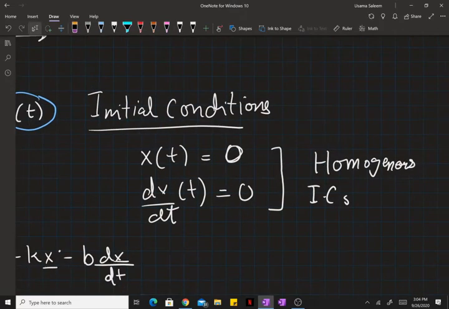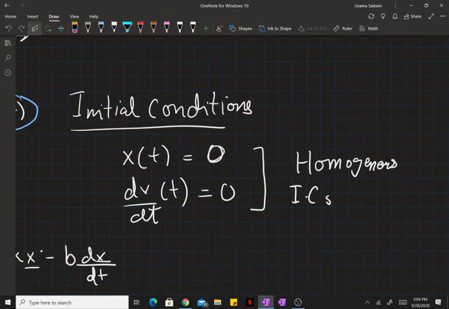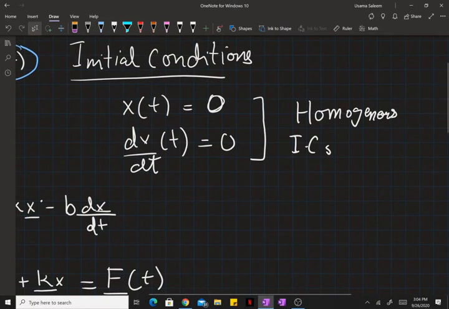So if you encounter the term homogeneous boundary condition or homogeneous initial condition, that just means that the position at that time or the derivative at that time is going to be equal to 0.